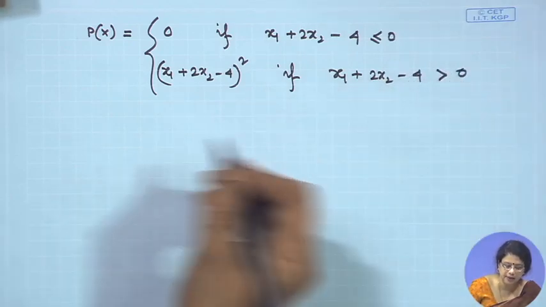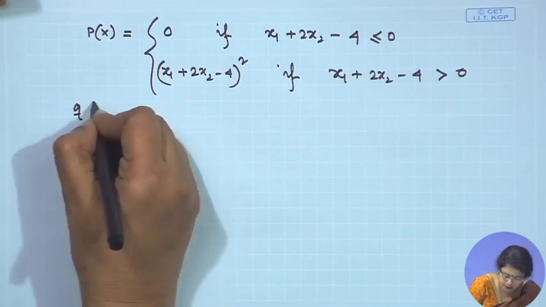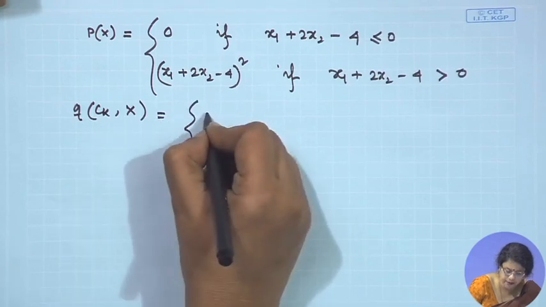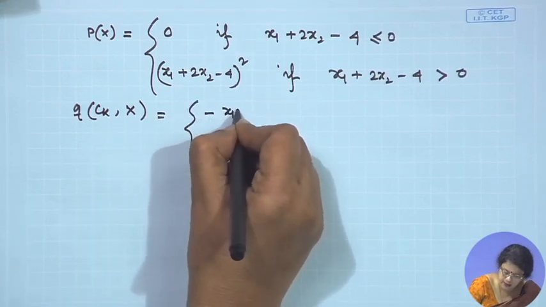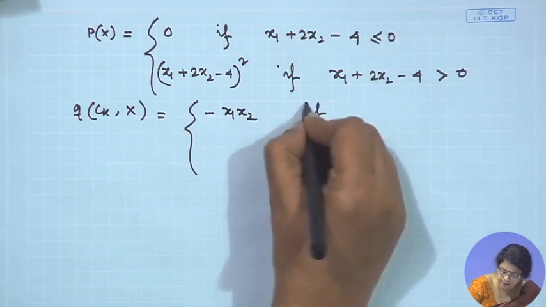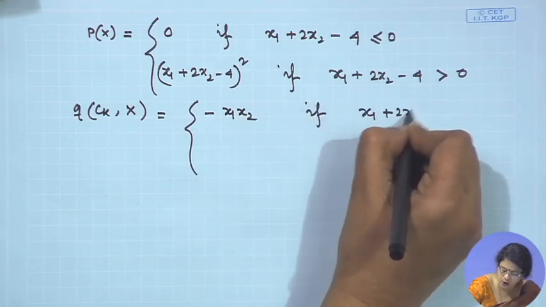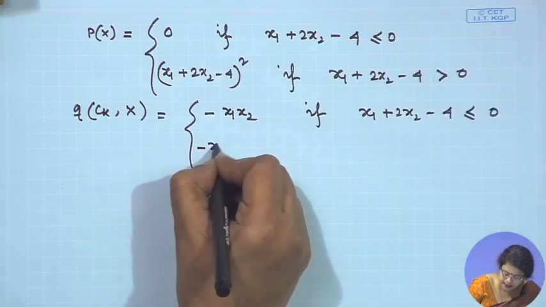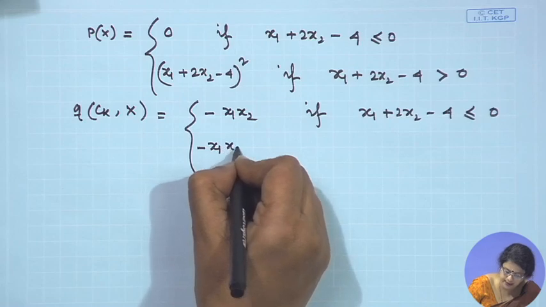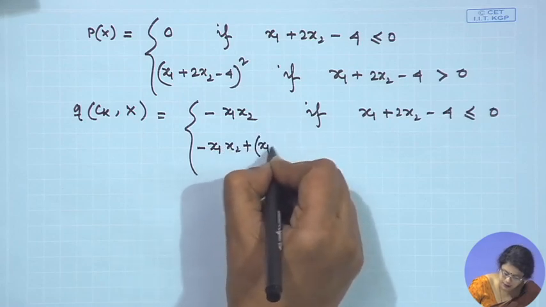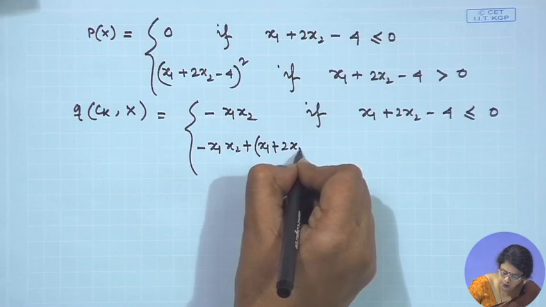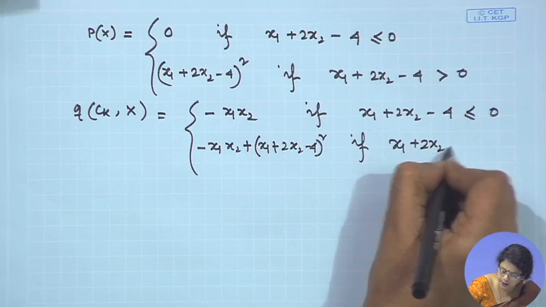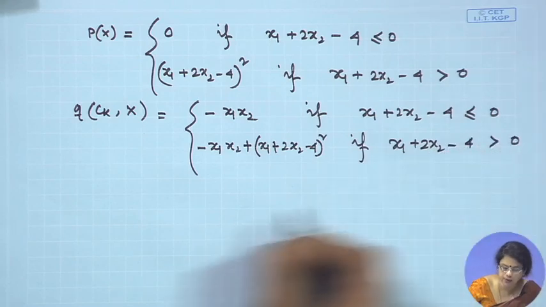All right. Let me now construct Q. Q(c_k, x) is equal to -x1x2 if that is the original problem for us. Okay. And this is equal to -x1x2 + c_k (x1 + 2x2 - 4) whole square if x1 + 2x2 - 4 is greater than 0.